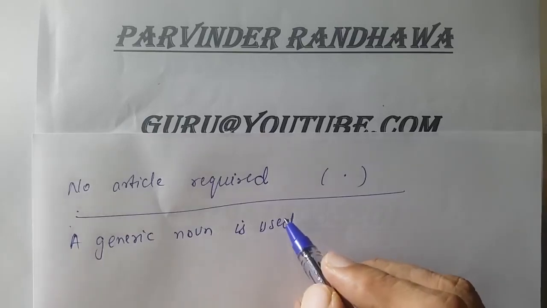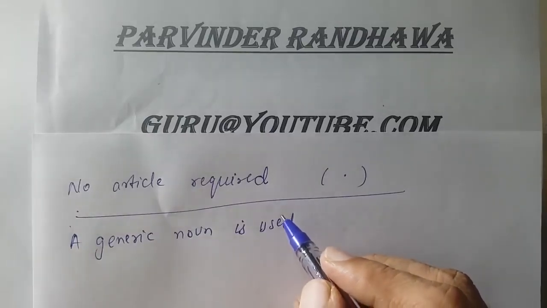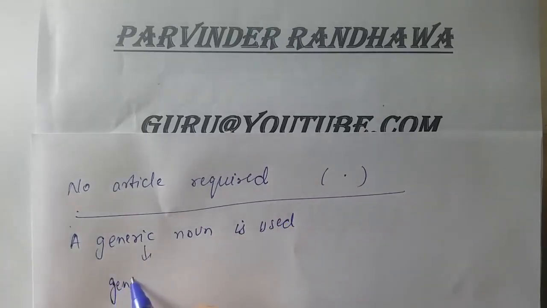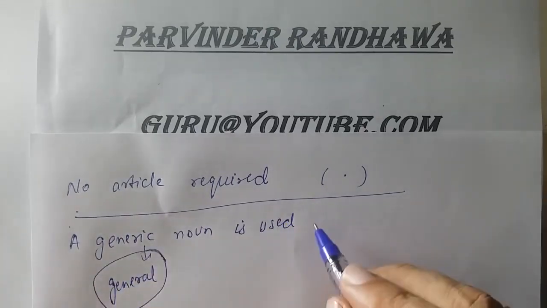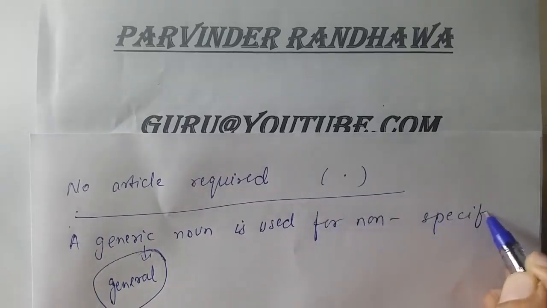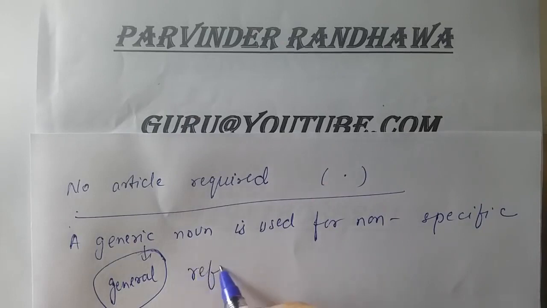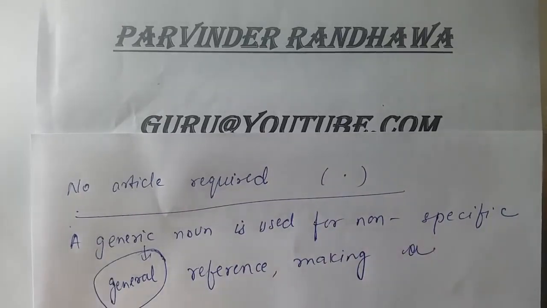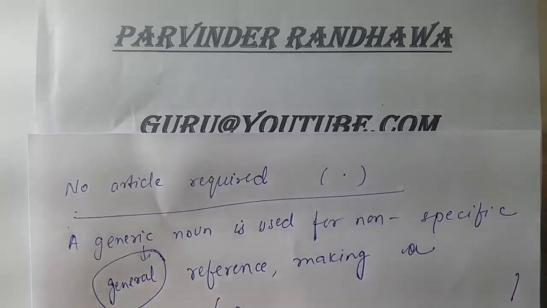It means there is no need to write an article in front of a generic noun. Now what is a generic noun? That's a general noun used for non-specific reference, making a generalization.